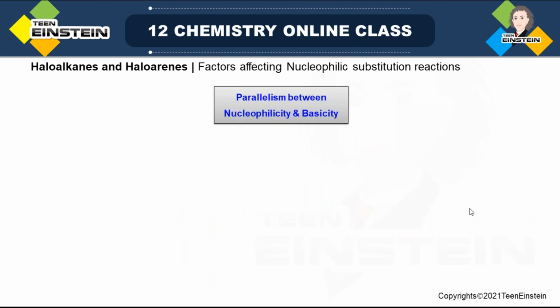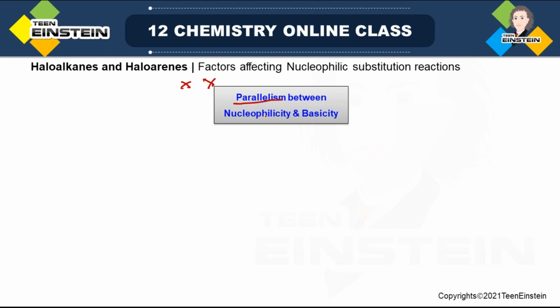Next we'll see, we are still discussing this factor, which is the nature of the nucleophile or entering group. Now, parallelism between nucleophilicity and basicity. Parallelism means the nucleophilicity and basicity are both the same. Suppose you have two species, X and Y, which can behave as nucleophile or base.